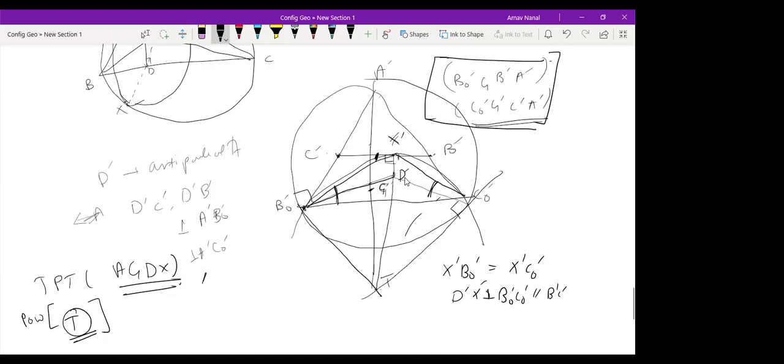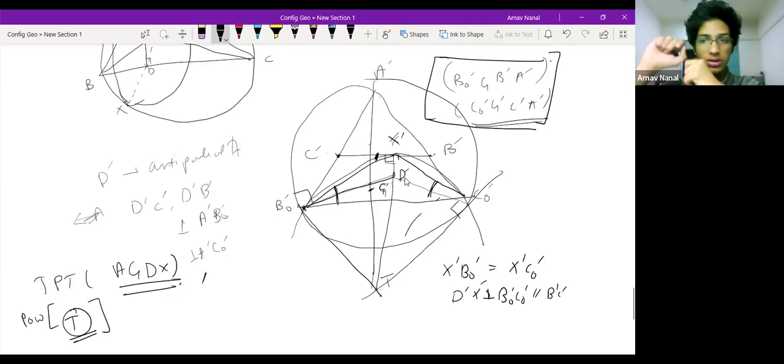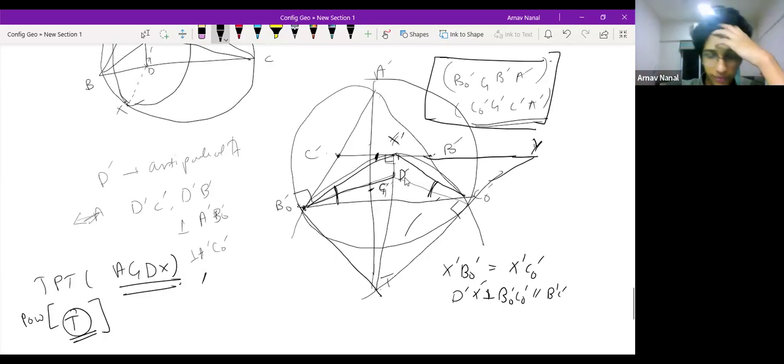Would we calculate powers with respect to T? Yes. Okay, so the construction is, I'll just say the construction: you extend these two to meet at some point Y. Now try to compute powers with it, try to chase with respect to Y.